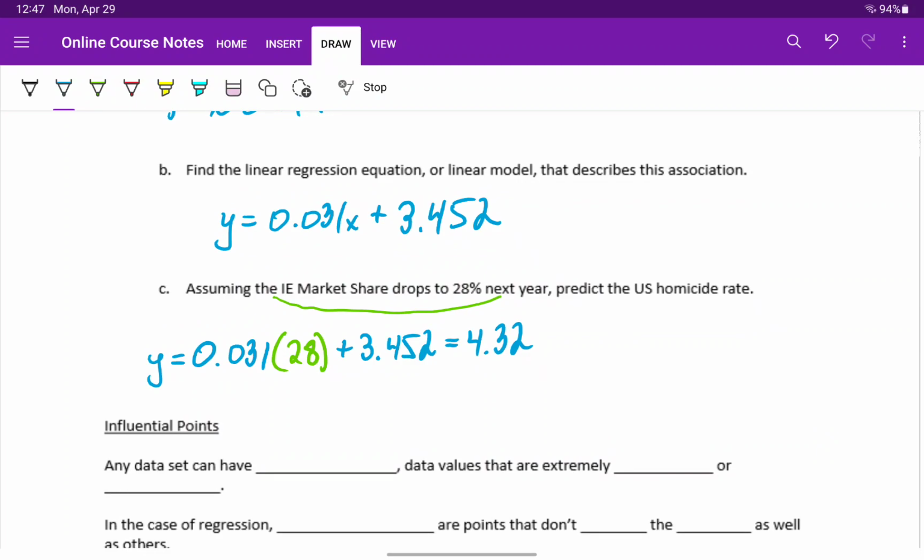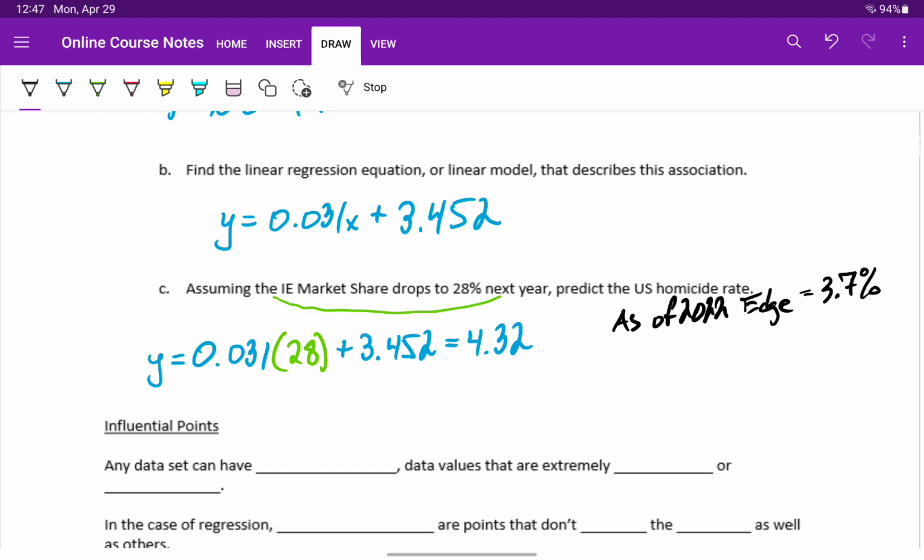But another way we could assess our model is by comparing it to some updated information. This data only runs through 2011, but we know that as of 2022, Microsoft Edge, which is the replacement browser for Internet Explorer, has a 3.7% market share.